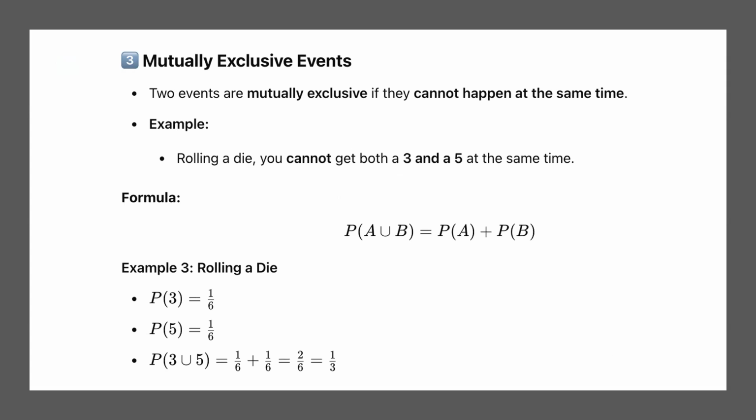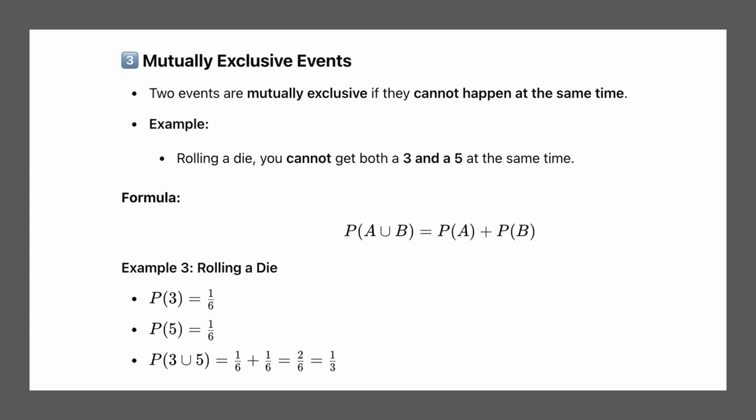Mutually exclusive events are events that cannot happen at the same time. You cannot get 5 and 6, or any two different numbers, from a single die. You can roll it once only. You will have one number on the top, correct?